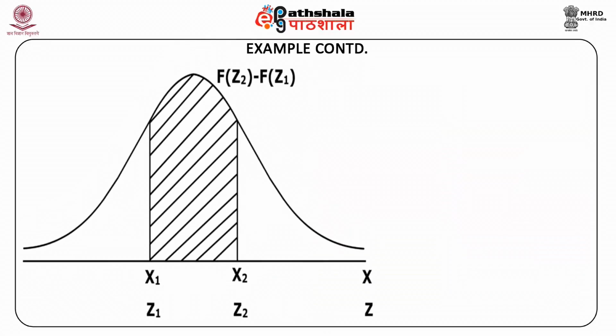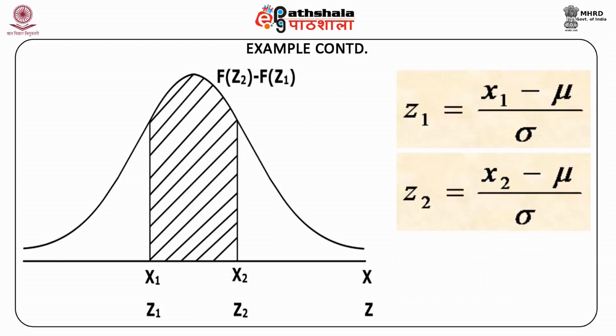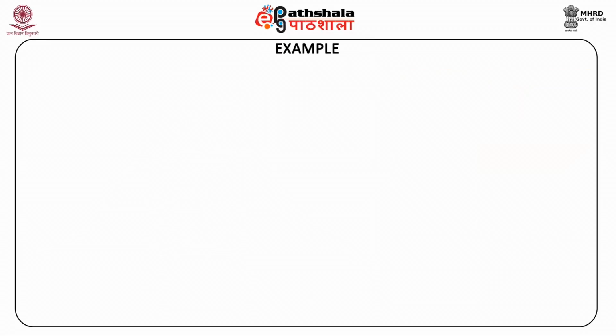Thus to find the probability that x falls within the interval x1 and x2, we first need to convert the normal variable into standard normal variable and then find the probability that the standardized normal variable z falls within the range z1 and z2, where z1 is equal to (x1 minus mu) upon sigma and z2 is equal to (x2 minus mu) upon sigma. It is explained through the figure. Let us understand it with the help of an example.